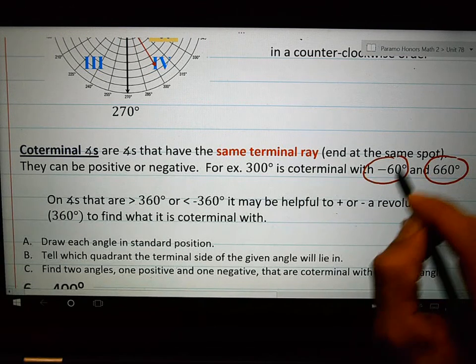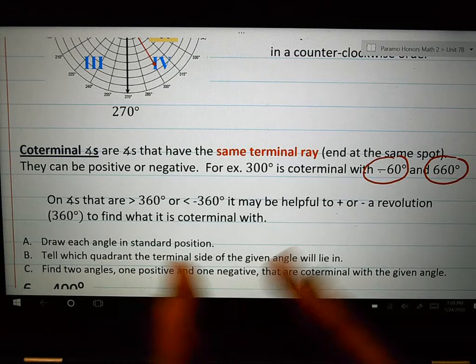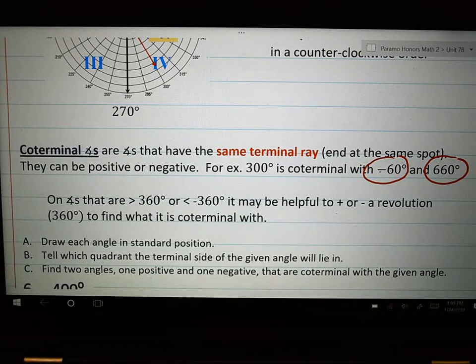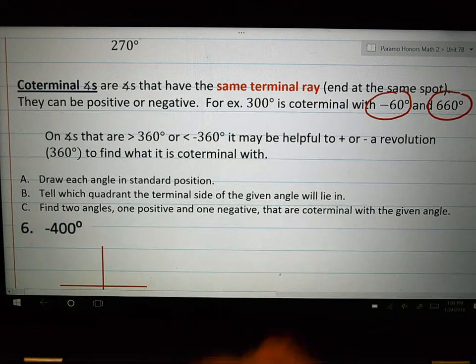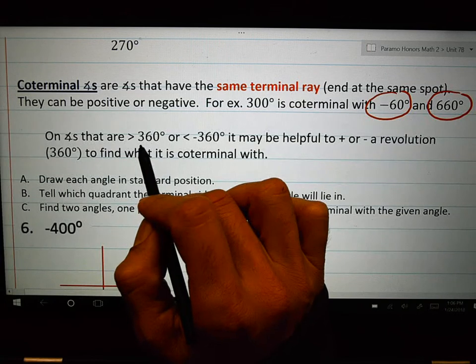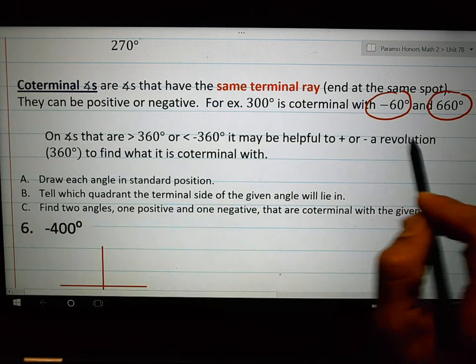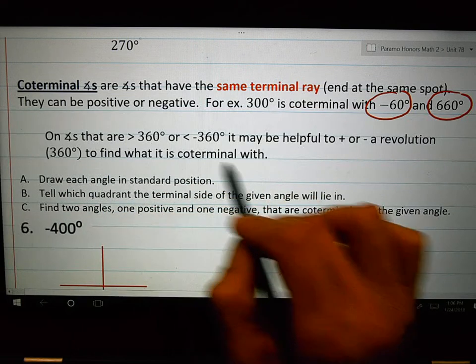This is considered a negative coterminal angle. Your worksheet today is going to ask you to find a positive coterminal angle and a negative coterminal angle. So what I had you write down was that for angles that are greater than 360, meaning more than one revolution, it may be helpful to add or subtract a revolution, 360, to find what it's coterminal with.